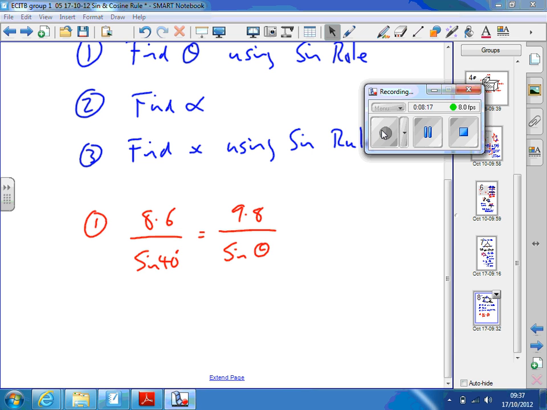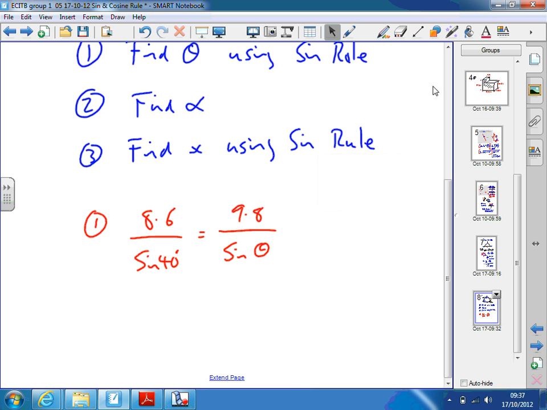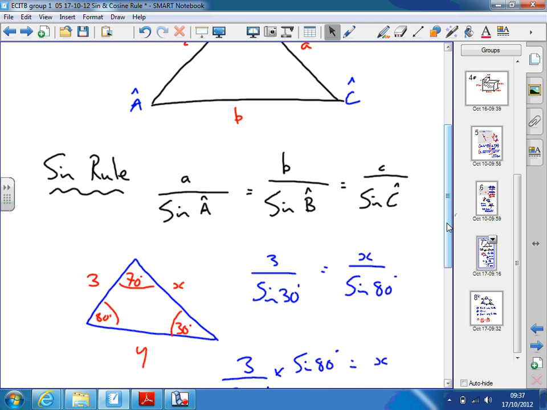The first thing to recognise about this is that the ratios, let's go back to the start, let's look at the sine rule. These ratios could easily have been written the other way around. If the ratio A to sine A is the same as B to sine B, I could easily just flip those and say the ratio of sine A to A is the same as the ratio of sine B to B. So the ratios could be written either way up.